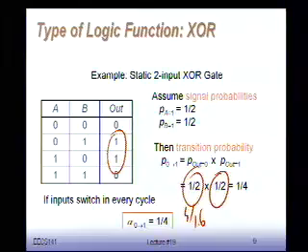Who thinks it's going to go up? Who thinks it's going to stay even? Who thinks it's going to go down? Who thinks nothing? Okay, good. All right, at least one.